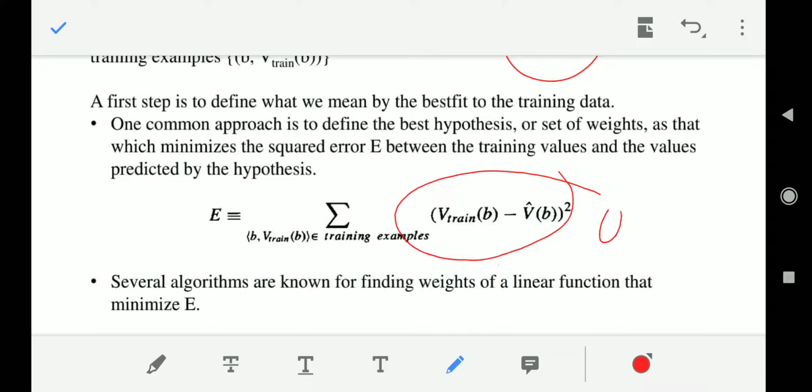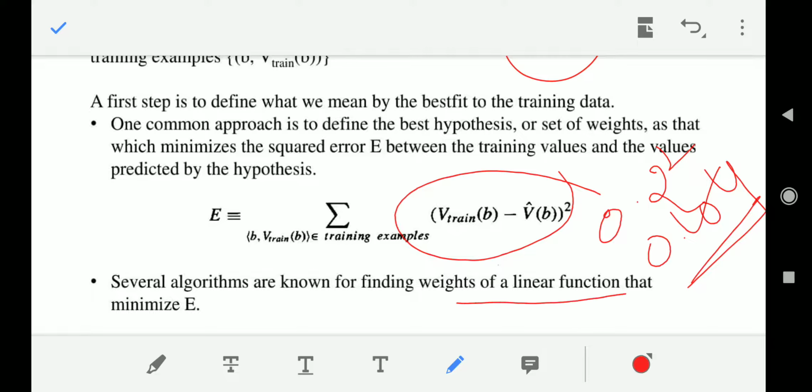For example, if my error is 0.2, if I square it, the value will be 0.04. Are you understanding? It still reduces. So I have to square it to reduce the error.